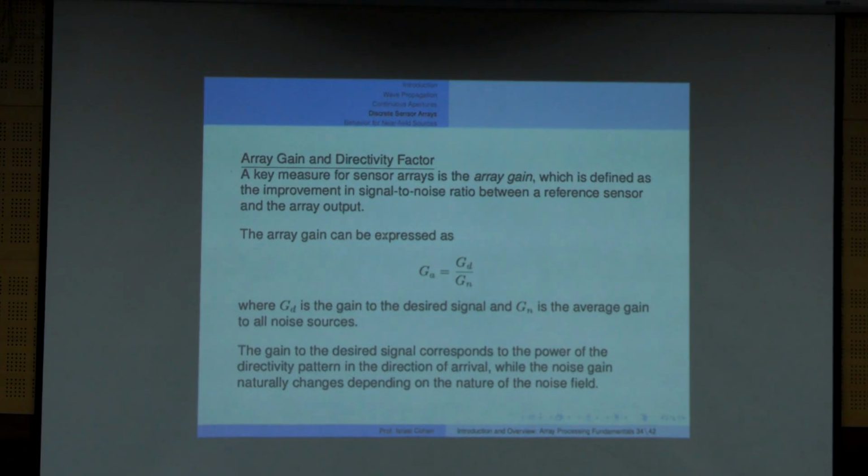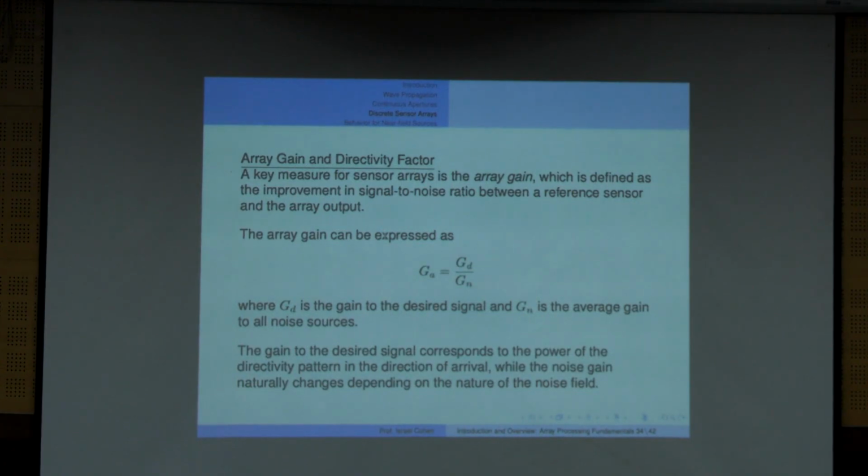Noise that comes with the same power from all directions. This is a theoretical type of noise. So we have different noise fields. The most important are spatially white noise. It means like thermal noise, where the noise in each sensor is independent of the noise in other sensors.